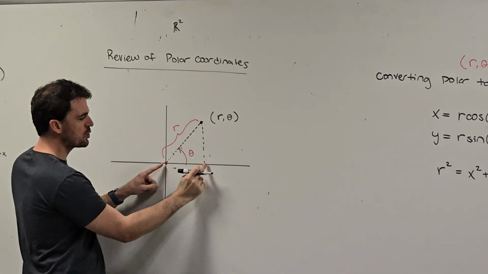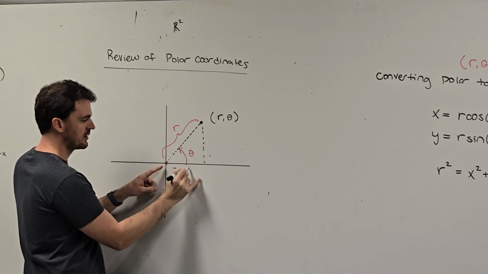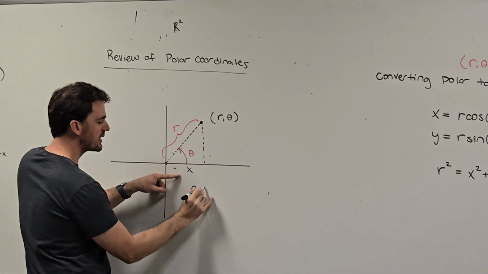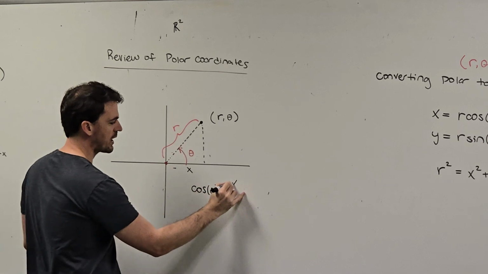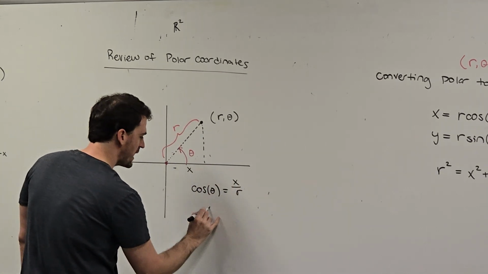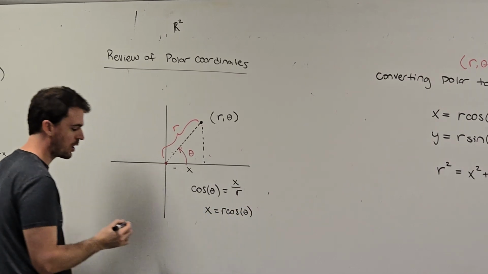If you want the x-coordinate, or how much you've moved from the origin over to the right, then using some trigonometry, the cosine of that angle is adjacent over hypotenuse. If I solve for x and multiply both sides by r, you get r cosine θ.